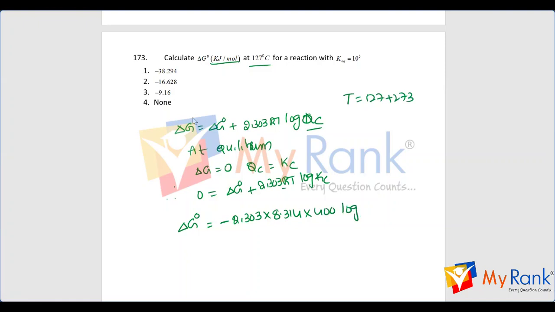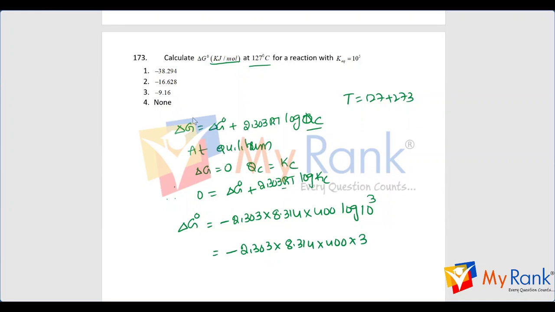The Kc is 10 power 3. So delta G naught is equal to minus 2.303 into 8.314 into 400 log 10 power 3.